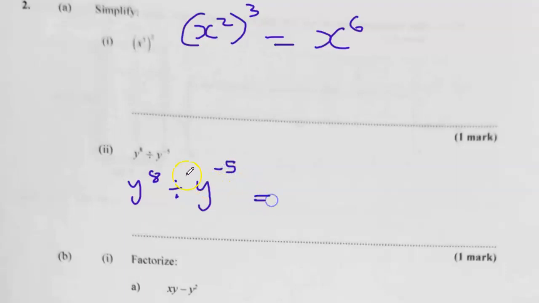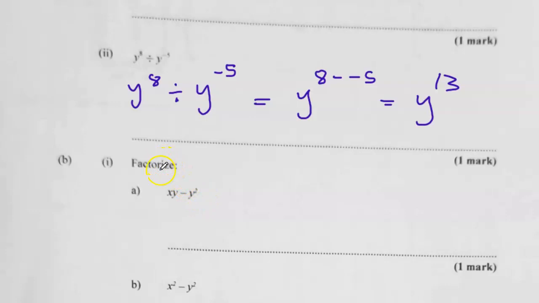Law of indices says that if we're dividing, same base y, we subtract the powers. So y to the power of 8 minus minus 5. So this becomes y to the power of 8 plus 5, hence y to the power of 13.